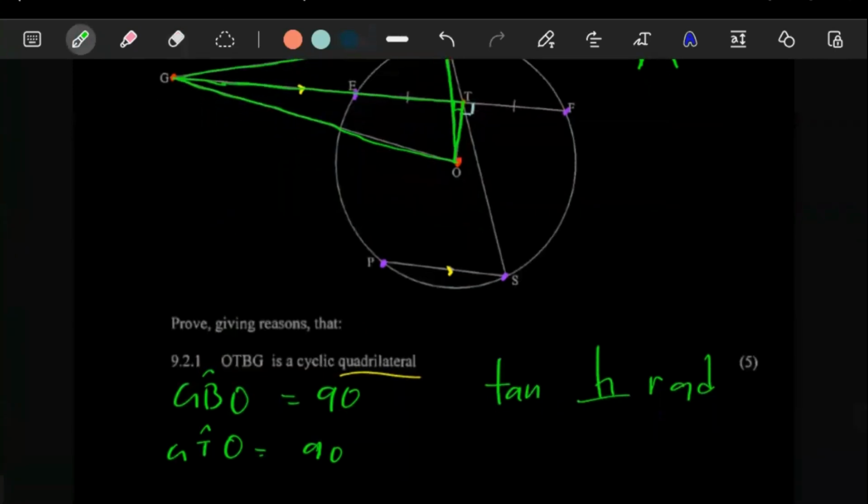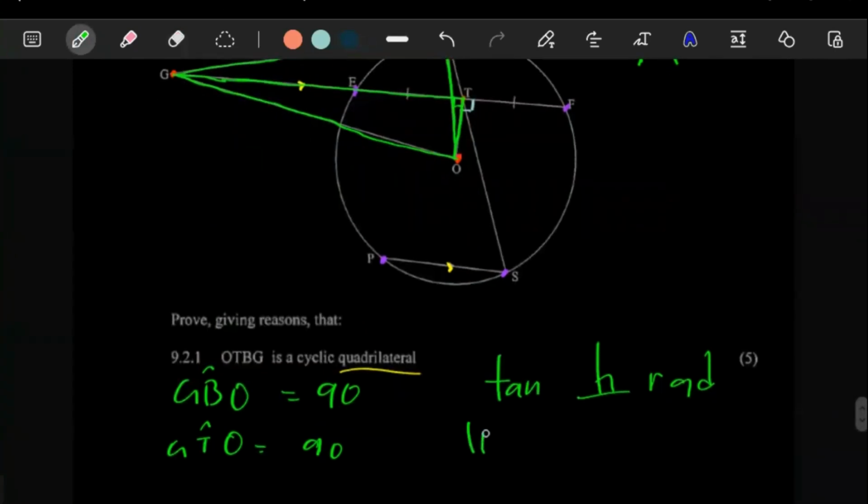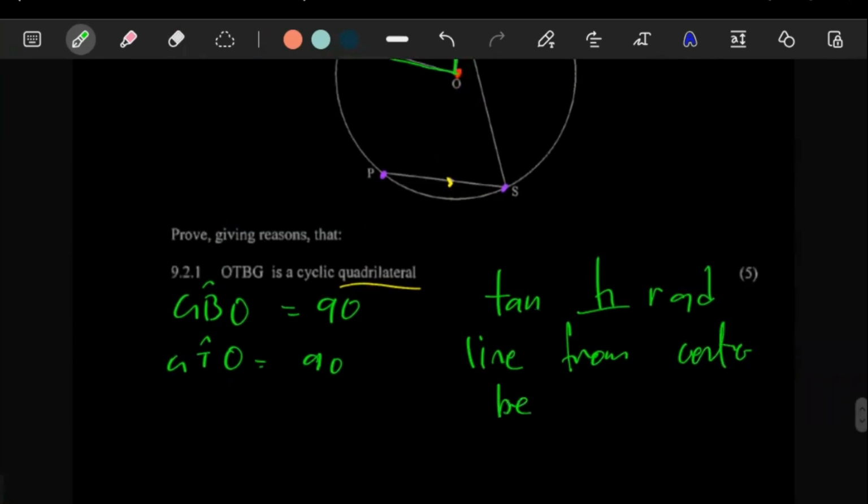The reason is line from center bisects chord. There we go. This and this. What else do I need now?